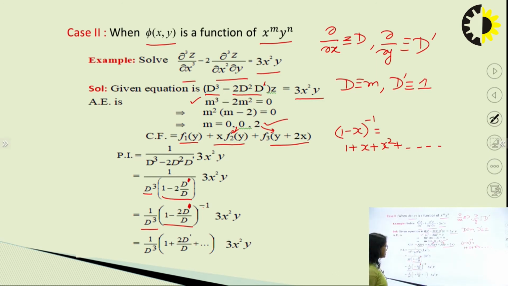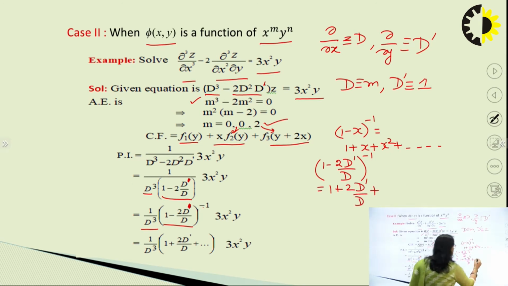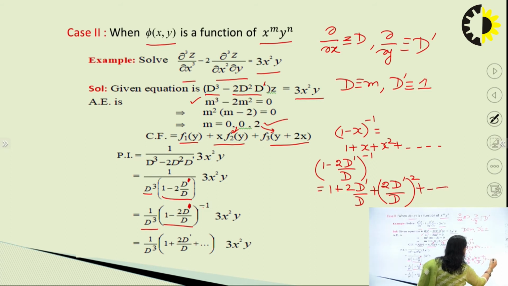So when I apply this expansion on this function, instead of x I have 2D dash upon D. So I will be having 1 plus 2D dash upon D plus 2D dash upon D whole square and terms up to infinity, like this. So the terms will continue.